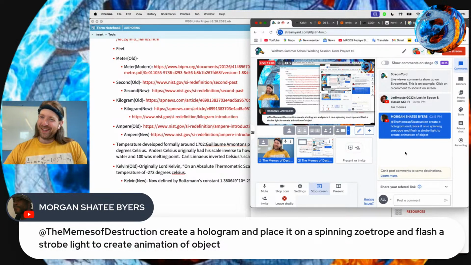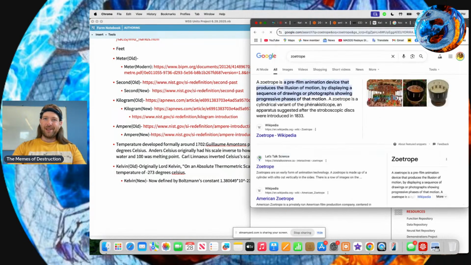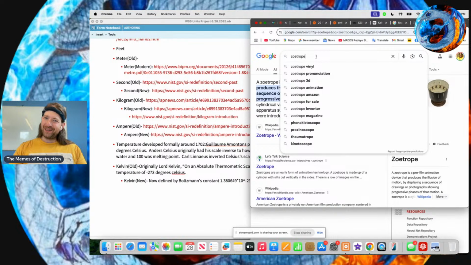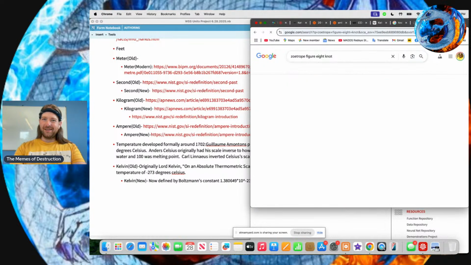All right. Create a hologram placed in a spinning zoetrope and flash a strobe light to create an animation of an object. Zoetrope. I feel like I've heard that before. Zoetrope. Oh, yeah, I think Henry Segerman and his collaborators have stuff like that for, hold on, figure 8 knot.